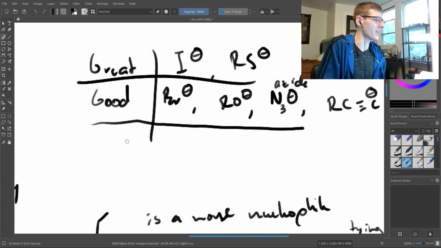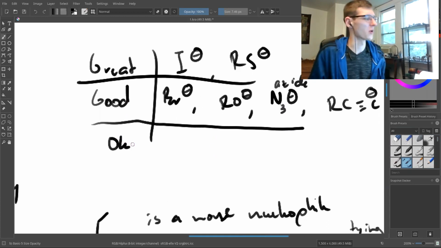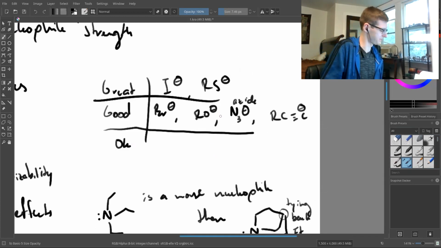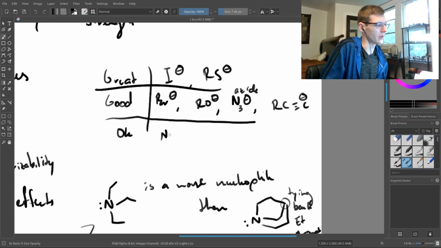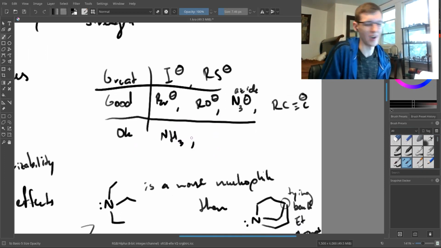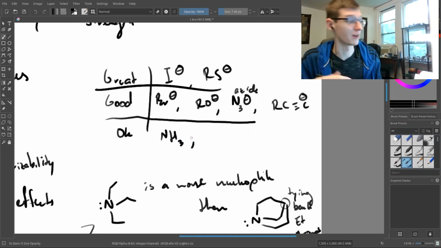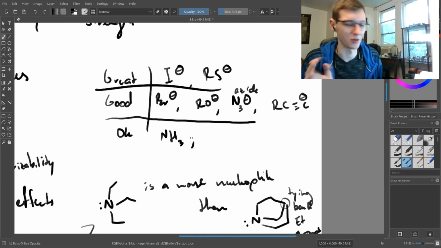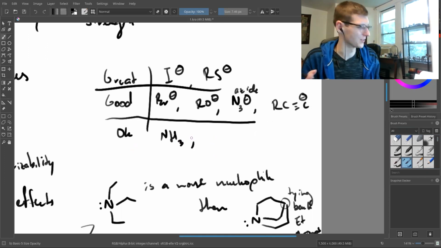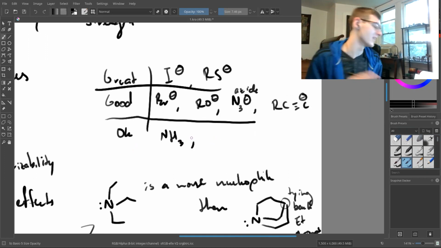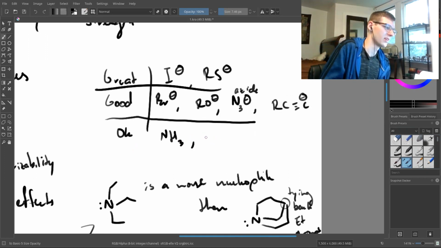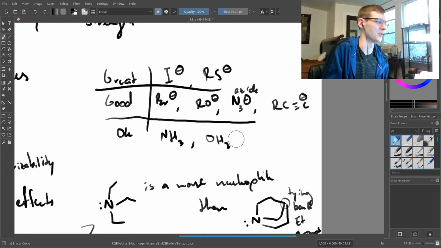So these are pretty good, and then here's some stuff that's okay, right? So NH3 is okay. These are common tables, and there are a lot of places you can look them up, and everybody has their different ranking schemes. NH3 is a pretty good nucleophile actually, but whatever, right? Usually it'll be specific to the reaction. So why don't I write H2O instead of OH2 like a normal person would?